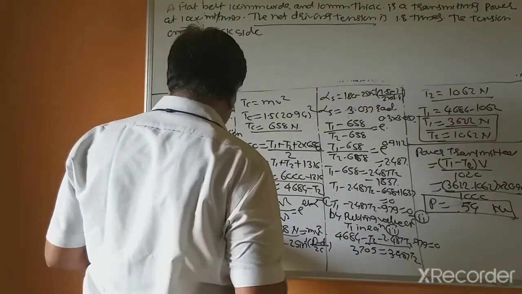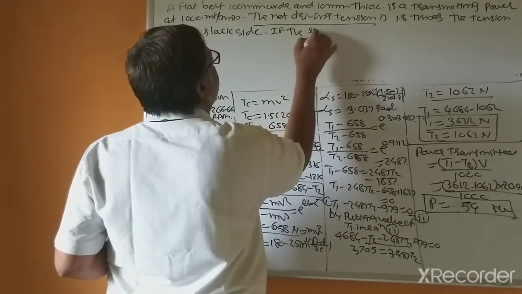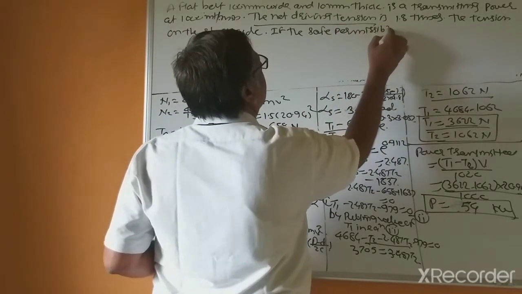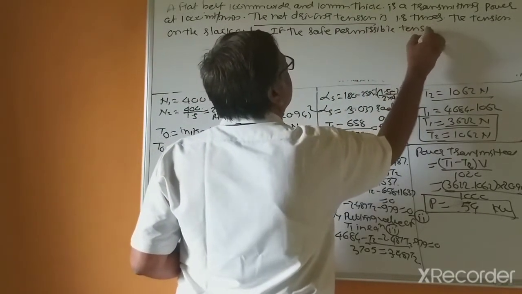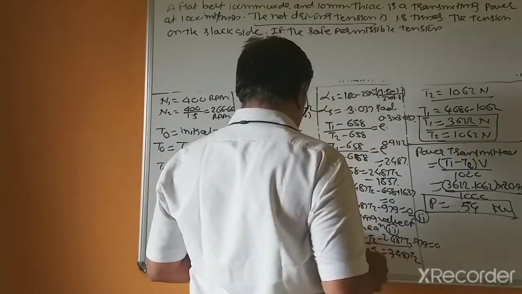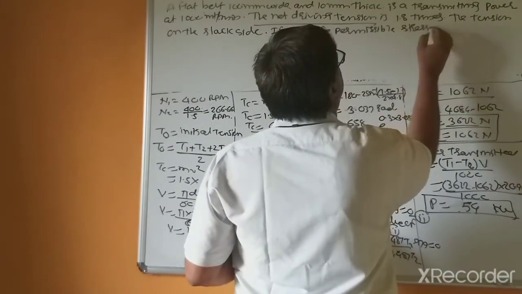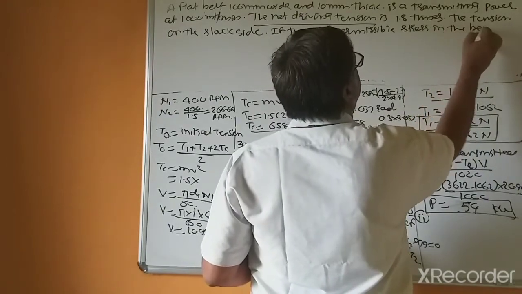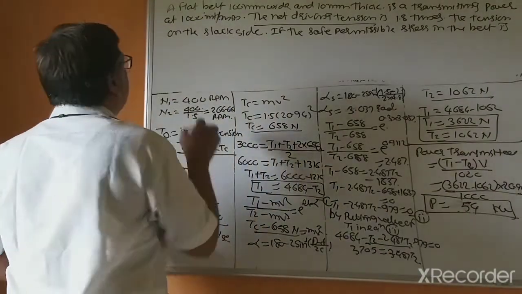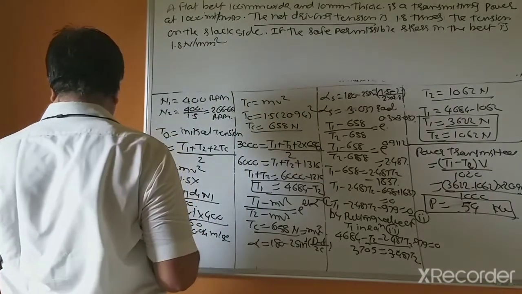If the safe permissible stress in the belt is 1.8 Newton per mm squared, calculate the power that can be transmitted at this speed.